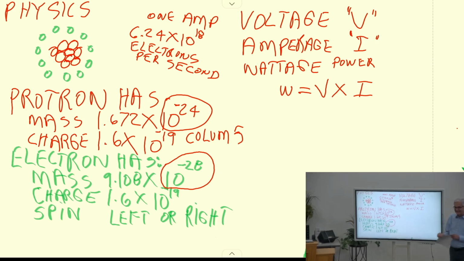Okay? So now each one of those electrons has some energy, correct? And the energy of that electron is based on the voltage. How energized it is, the voltage. So power is the voltage, which is how energetic that electron is, times the current, the number of electrons that are moving.